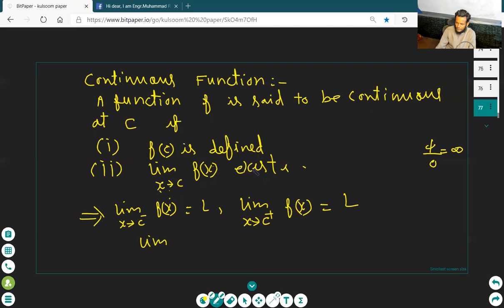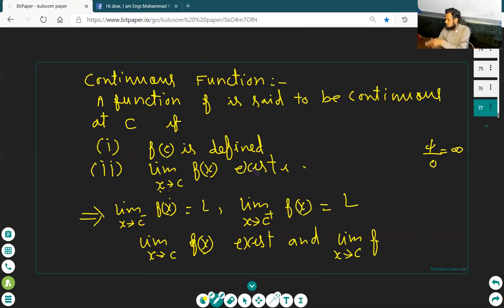Limit x approaches c exists, and its value will be L. Is it clear? Our limit will exist if the left hand limit and right hand limit are both equal. In this way we say the limit exists. If the left hand limit and right hand limit are different, then we say the limit does not exist.